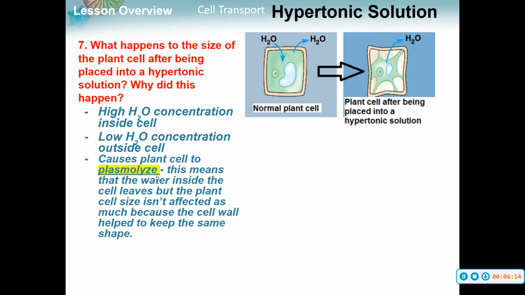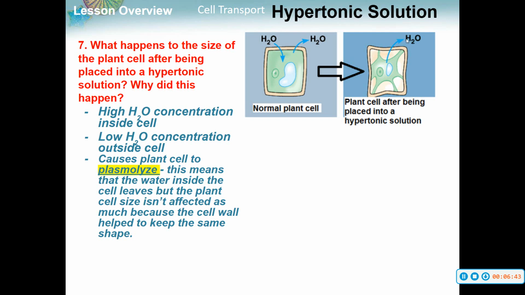Okay, so you can either draw it or explain it in your notes that water is leaving the plant cell. And in this case, it's not going to shrivel up and shrink because it has an added layer of the cell wall to protect it from having to shrivel up. But water is leaving. You can see that from the change in the vacuole, it got smaller, and also the cytoplasm. It's kind of like there's not as much there.